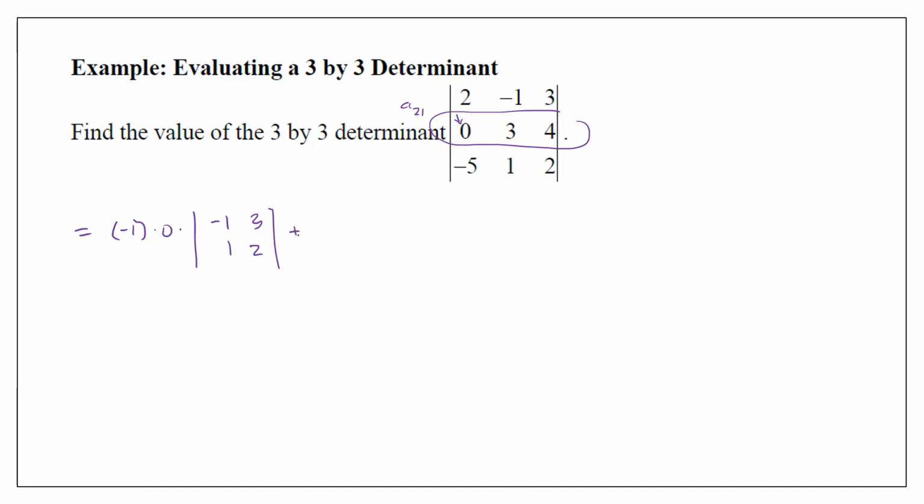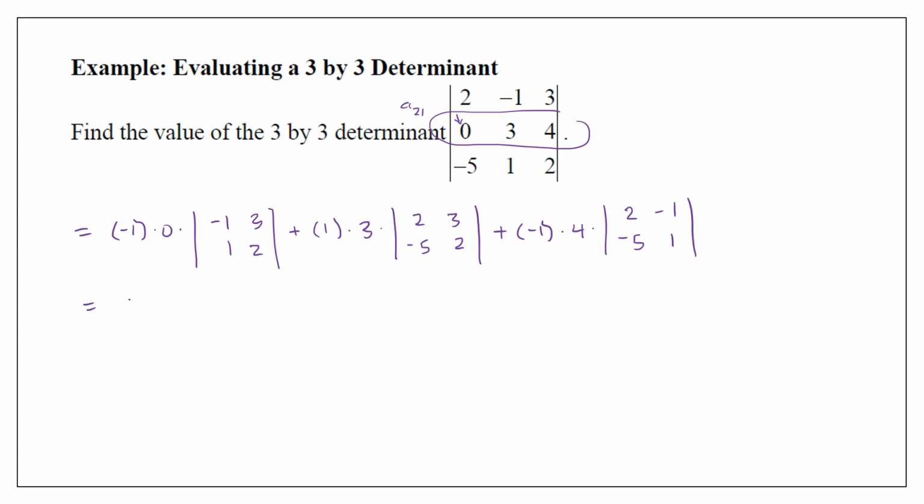So I will then add 1 times 3, whose minor is going to be 2, -5, 3, and 2. Then I will add a -1 times 4, whose minor is 2, -5, -1, and 1. Okay. So now we can simplify.